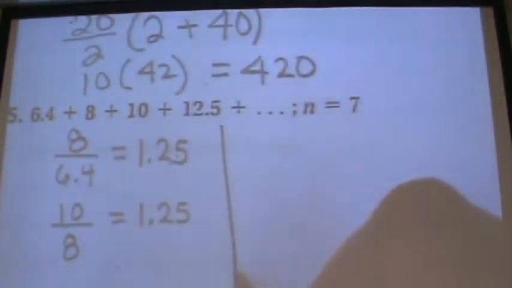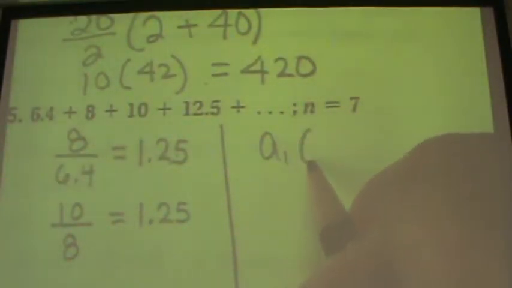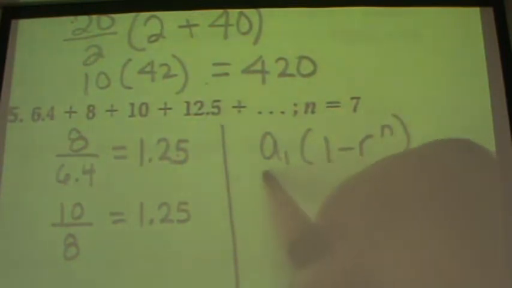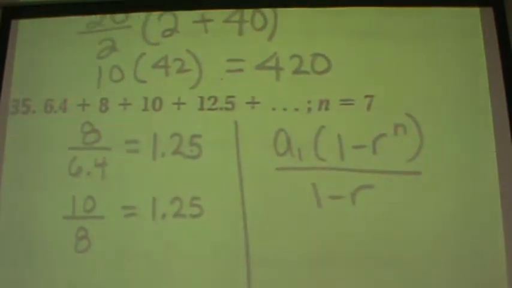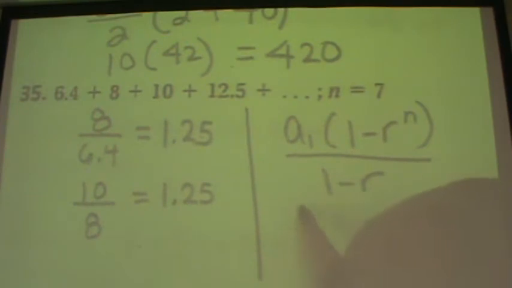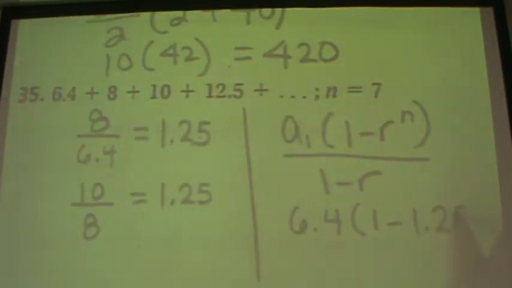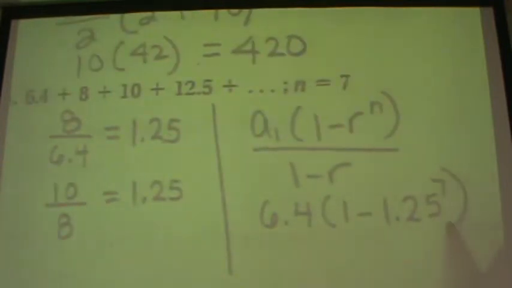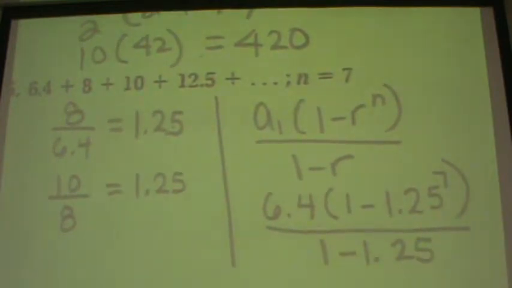So this one is geometric. And the formula is A1 times 1 minus R to the n power over 1 minus R. The first term being 6.4. The R value is 1.25. We're adding 7 of these over 1 minus 1.25. Check this out on your calculator.